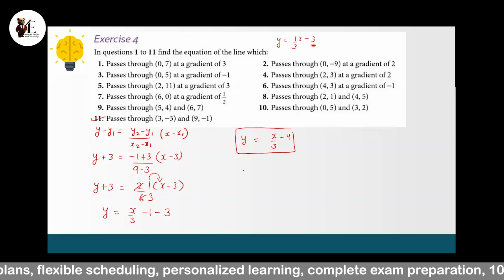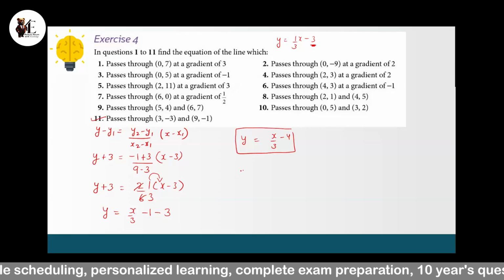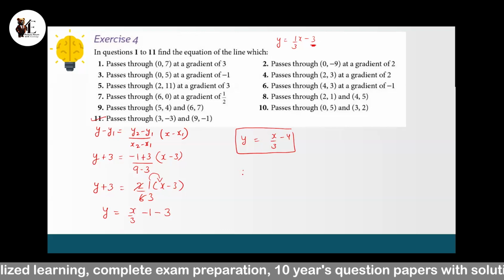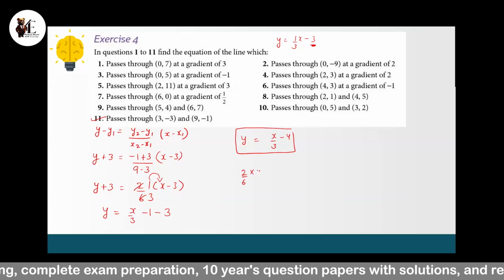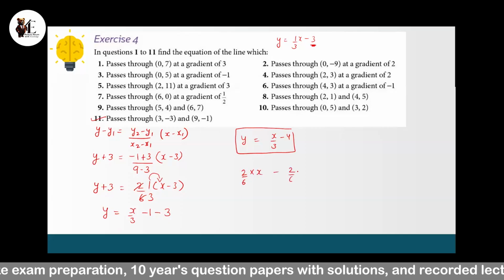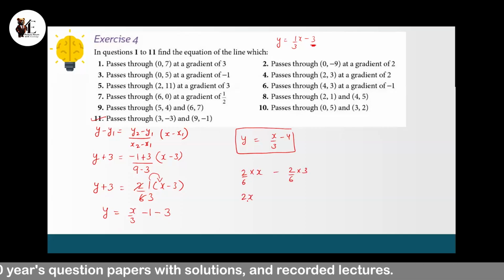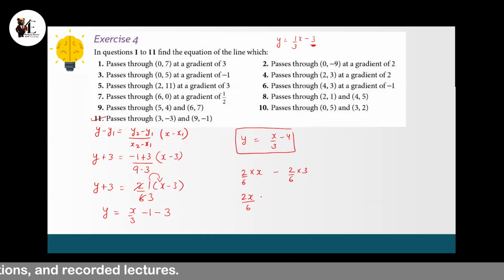I first multiplied 2 over 6 into x minus 3, and then I got 2x over 6 minus 6, and then I simplified the 2 over 6x, and then I got 1 over 3x minus 6.